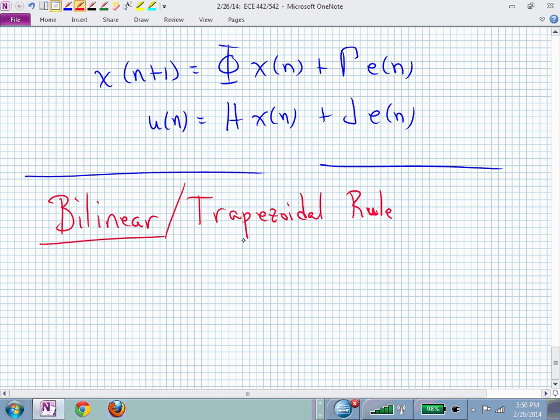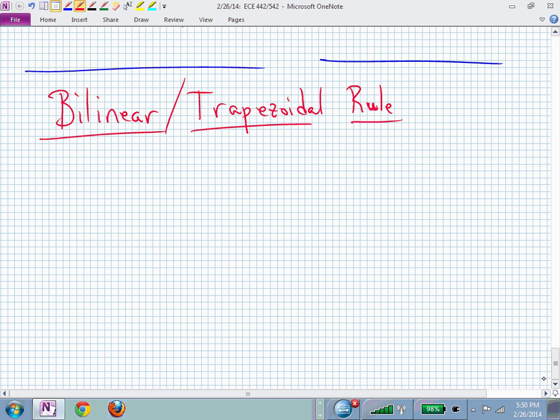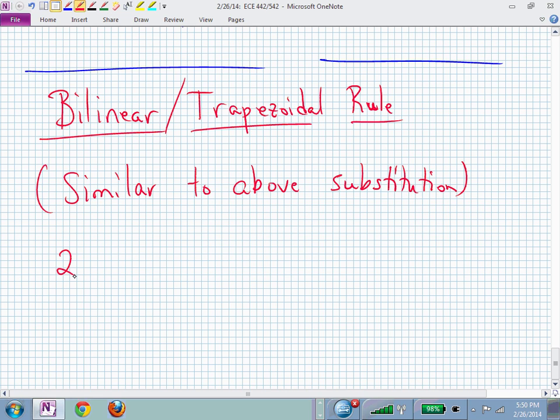And now what I want to do is simply start in the same place, well, partway through with what we did last time. There was an s times a capital X of s, so let's replace that s with that expression in z. Similar to the above substitution, now we have this 2 times capital T. We had that z minus 1, but downstairs we had a z plus 1.